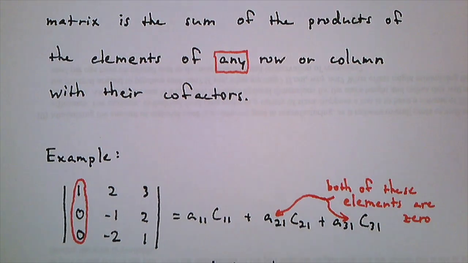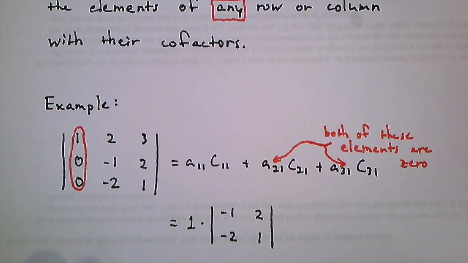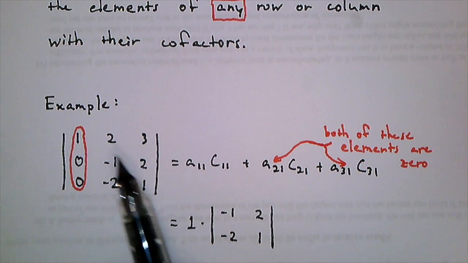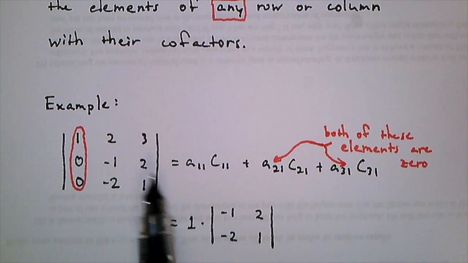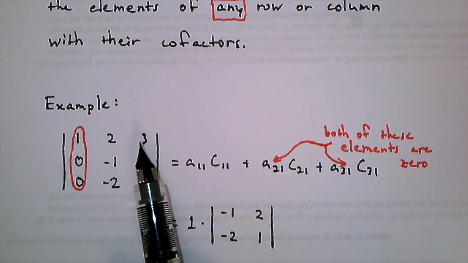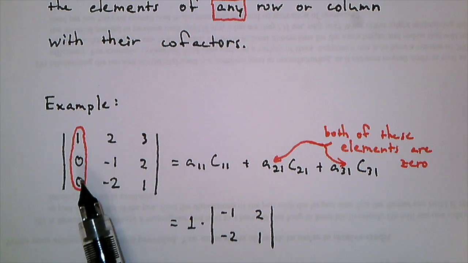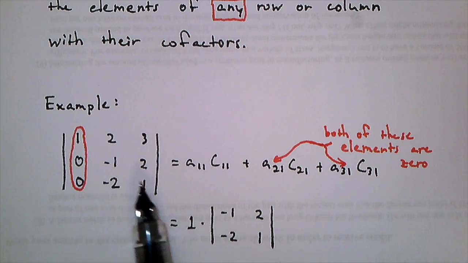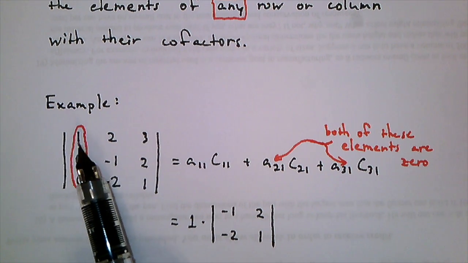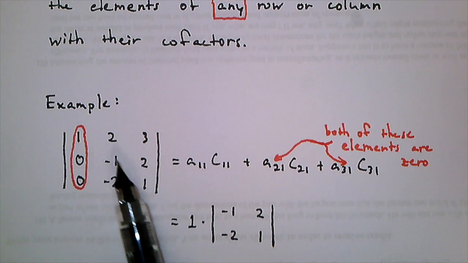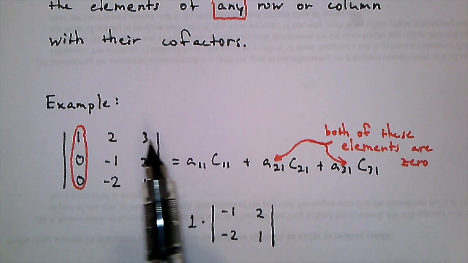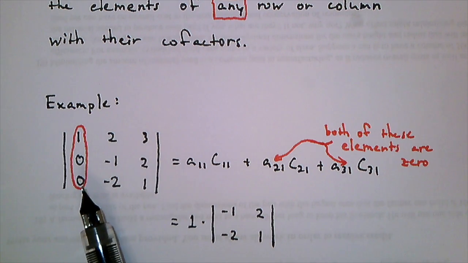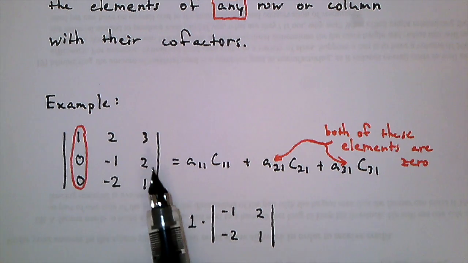So all we have to do is take the first element, A11, and multiply by its cofactor. So remember, in our pattern matrix from the first video, we had a plus, minus, plus, minus, plus, minus, plus, minus, plus. So this is going to have a plus sign on it. We have 1 times, and now get the minor by deleting the row and corresponding column and taking what's left over.